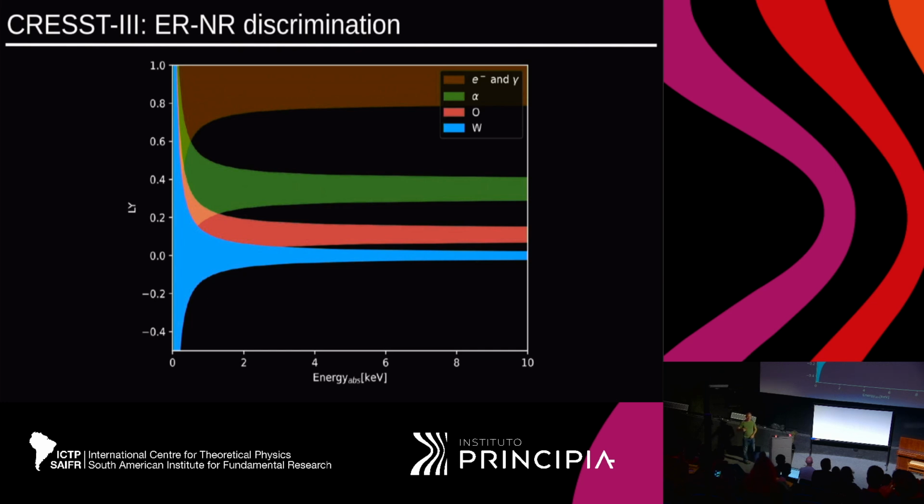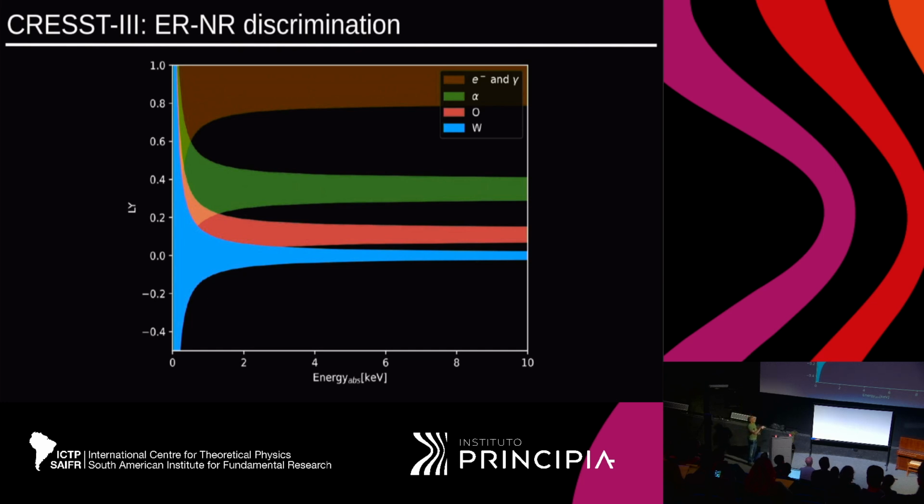It's just a fraction between the total energy and the amount of energy that goes into light, okay? And what you can see is that you have different regions here, and some of these regions correspond to tungsten, some correspond to oxygen recoils, okay? So these two lines here are nuclear recoils from tungsten and oxygen, okay?